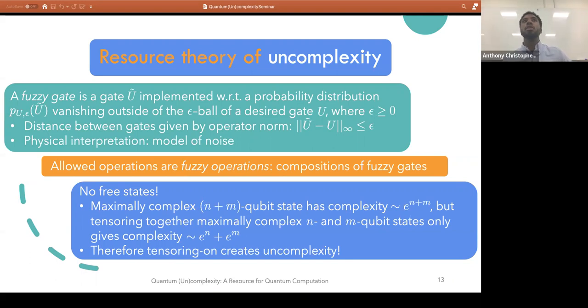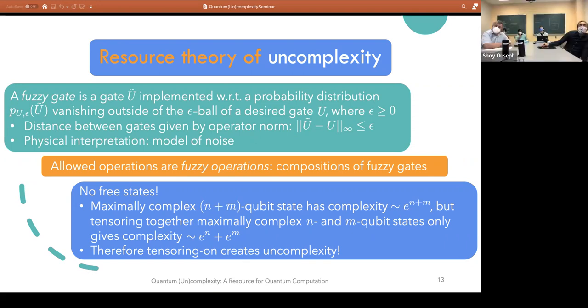This argument explains why a maximally complex state can't be a free state. Because if I were able to prepare a maximally complex state and tensor it onto another, I would actually create uncomplexity in the new joint state after I tensored it on. Does that make sense?